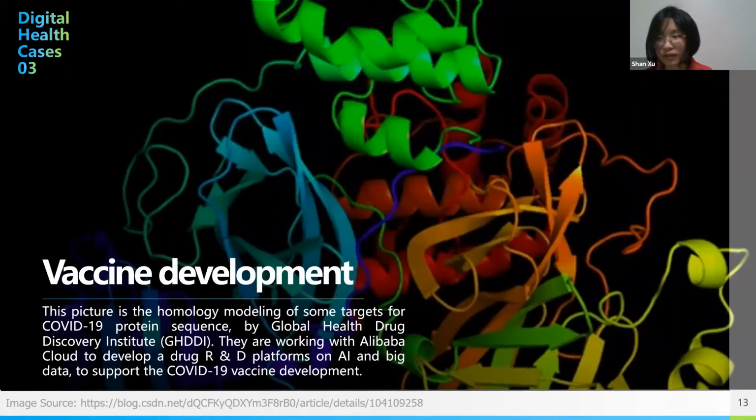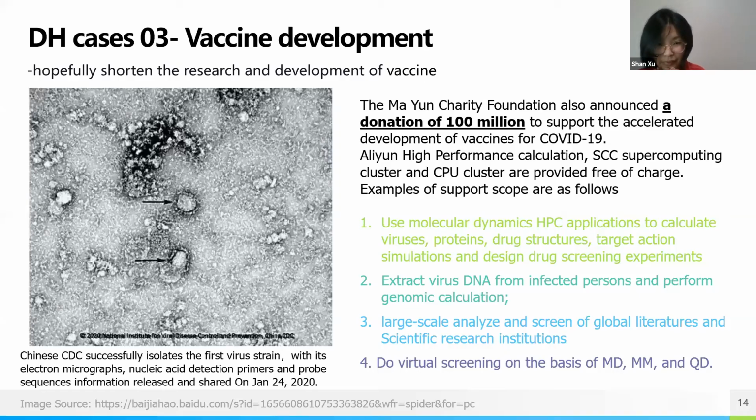It is based on Alibaba Cloud, which developed a drug R&D platform to support the vaccine development of coronavirus. Also, Ma Yun, the founder of Alibaba, launched a donation of 100 million and opened the cloud computing capacities to support the development of a vaccine for coronavirus.